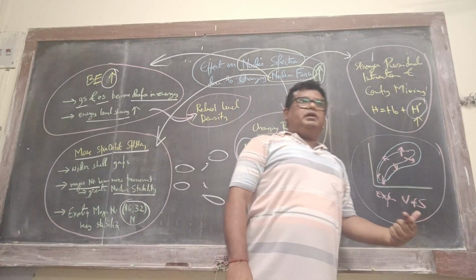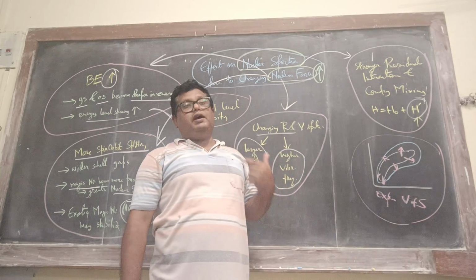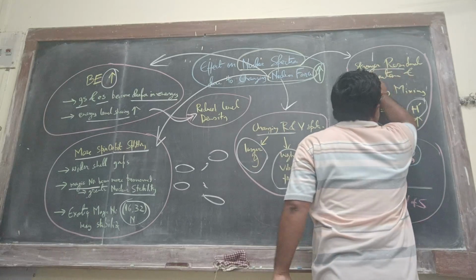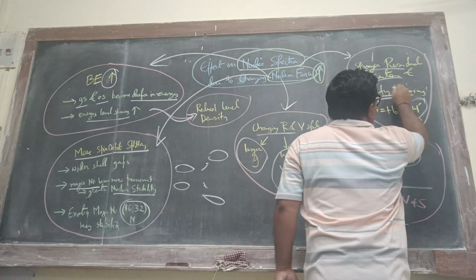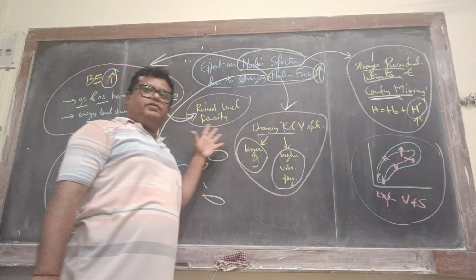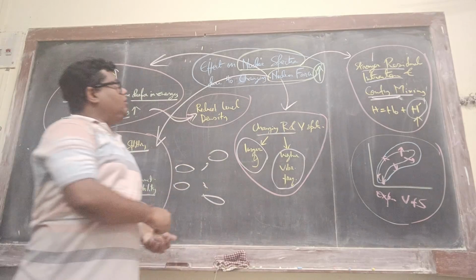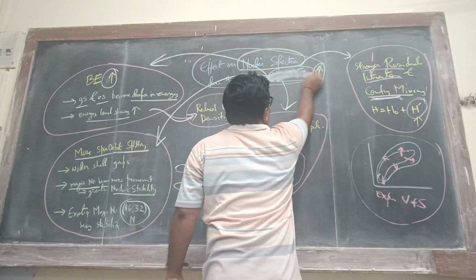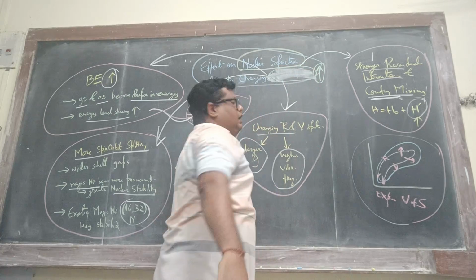So probably now instead of perturbation we have to do diagonalization, and so stronger residual interaction means more configurations. So these are some of the after effects of increasing nuclear force.